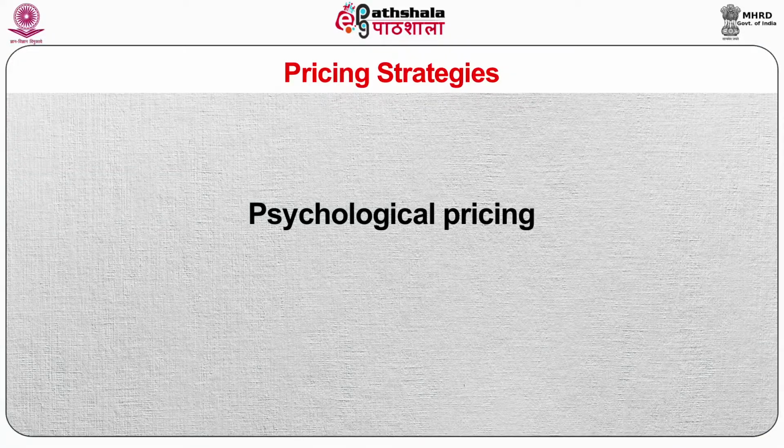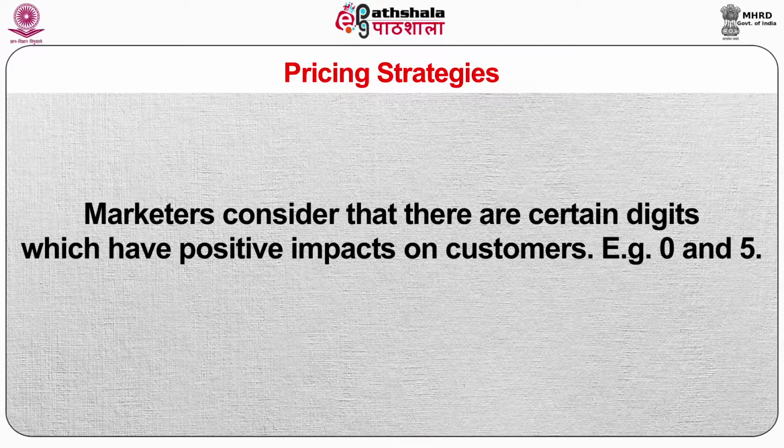Psychological pricing. Marketers consider that there are certain digits which have a positive impact on customers, for example, 0 and 5. Besides, 999 gives an impression of a three-digit number. 84,499 gives an impression of being closer to 80,000, while it is only one less than the mid of 80,000 and 90,000.